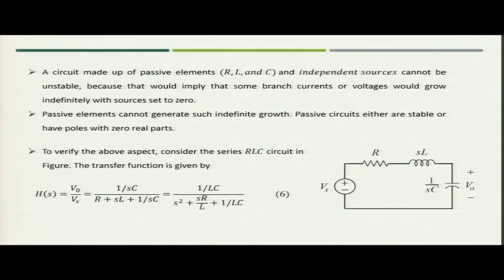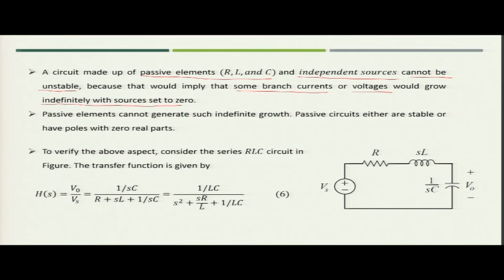Now, we also discussed that circuits which are made up of passive elements, that is RLC elements, and independent sources will not be unstable, because if we say that these can be unstable, that means there would be some branch currents or voltages which would grow indefinitely with the source set to 0, which generally is not the case when we analyze RLC circuits.